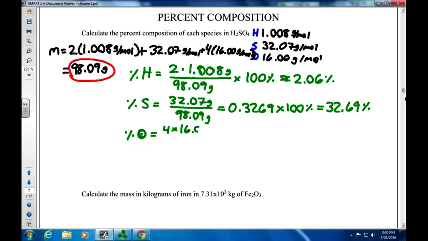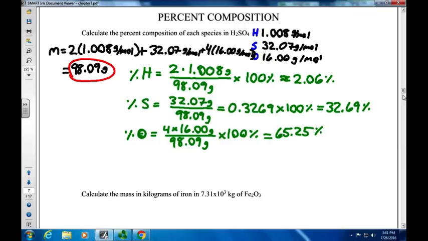And we use 4 because there are 4 oxygens in the chemical formula. 4 times the mass of oxygen over the mass of sulfuric acid times 100%, which gives us 65.25%.